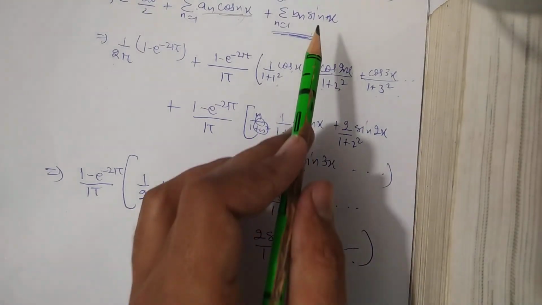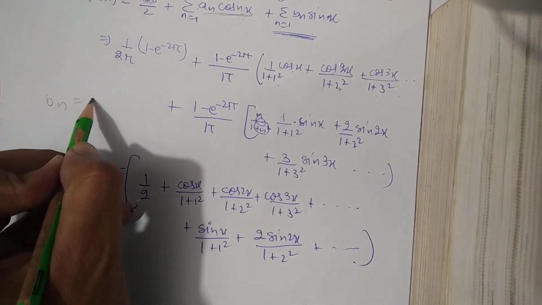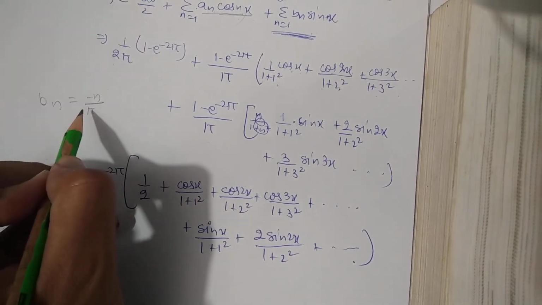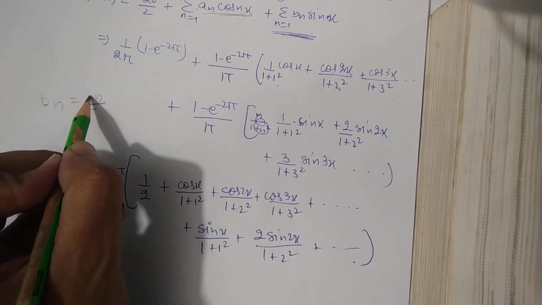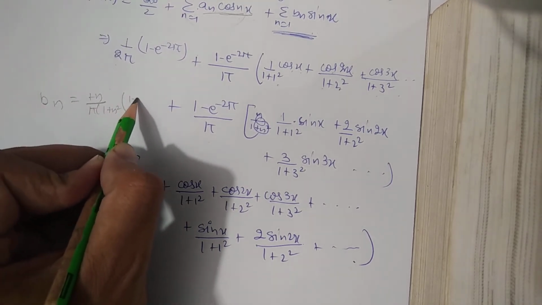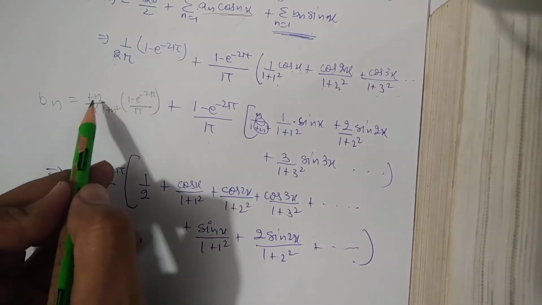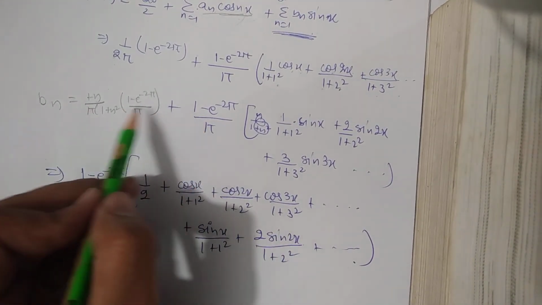Similarly, downside we will get the value of bn sin nx, where bn equals n divided by pi into 1 plus n square, bracket start 1 minus e power minus 2 pi by pi. By putting n equals 1, we will get these values.